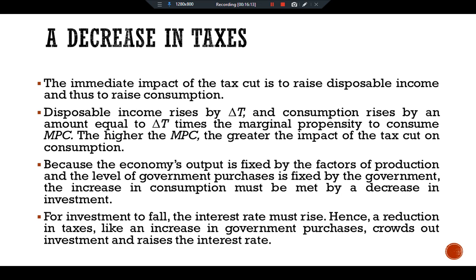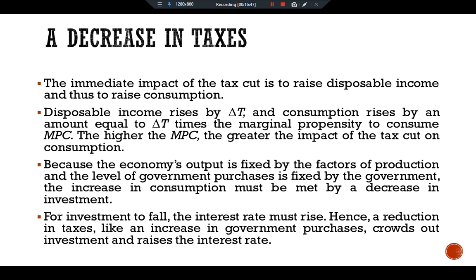We can also analyze the effect of a tax cut by looking at saving and investment. Because a tax cut raises disposable income by delta T, consumption goes up by the marginal propensity to consume multiplied by delta T. National saving, which equals Y minus C minus G, falls by the same amount as consumption rises.